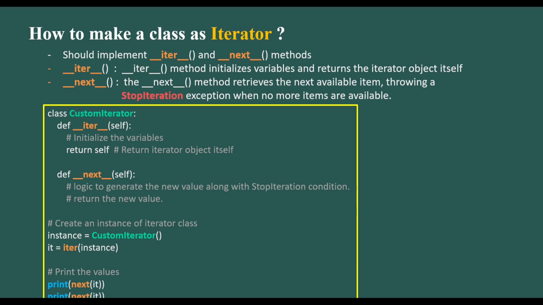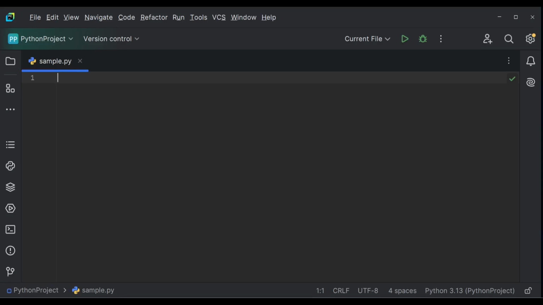Now let's check some examples of iterators. Iterators can be created from iterables like list, tuples, string, dictionary, etc. So let's try some examples. First we will start with string.